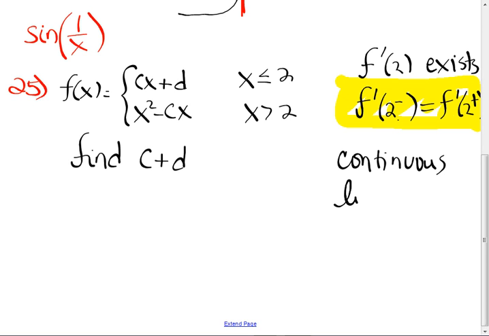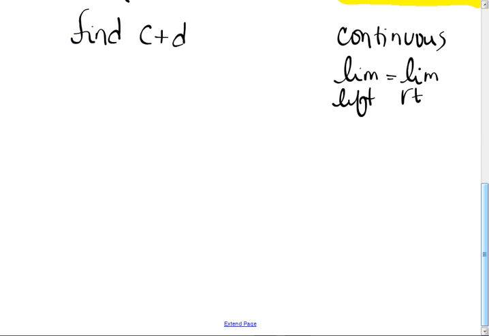That means the limit from the left has to equal the limit from the right. Well, the only way to find c and d is to maybe write some equations that I could solve. Do you want to do the derivative first, or do you want to do the continuity first? Yes, do both. Derivative first. Okay, so let me move this up here.